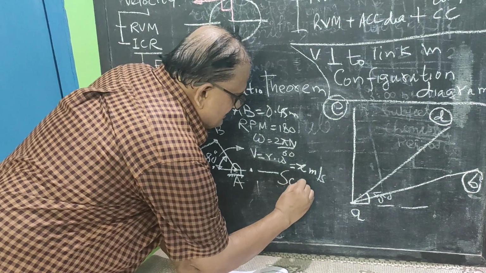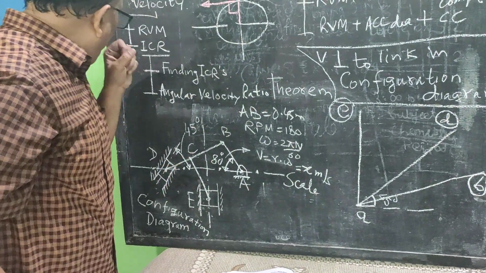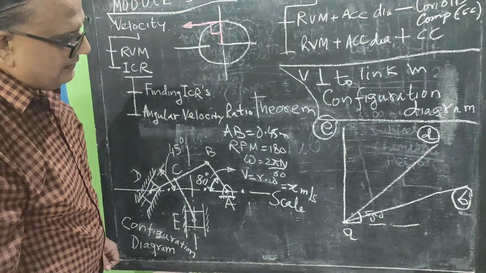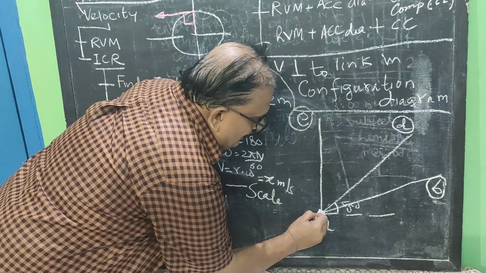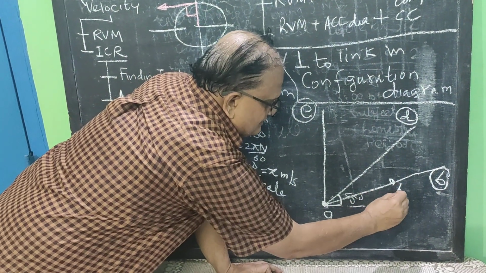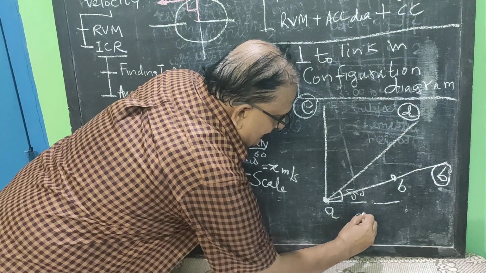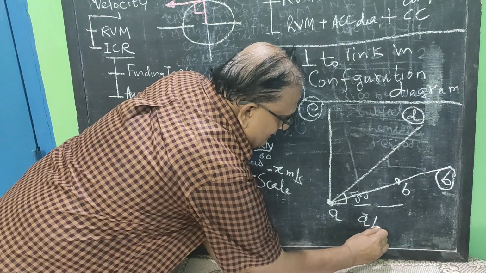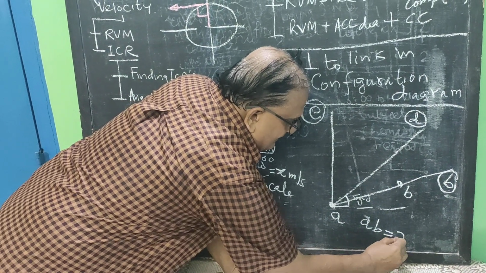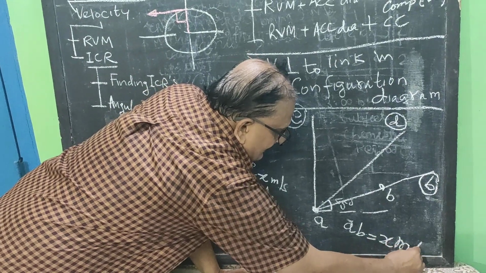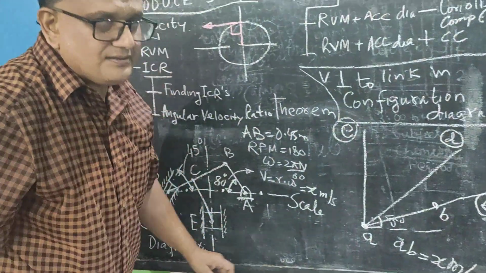Then select a suitable scale. Using that particular scale, you mark that point here X. This is B. Therefore, ab here is equal to X meters per second. Right?